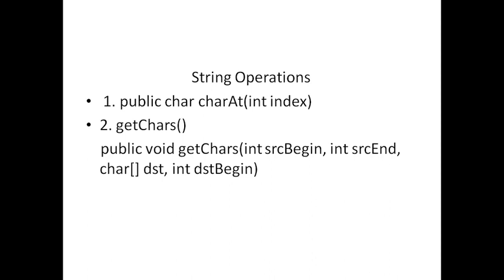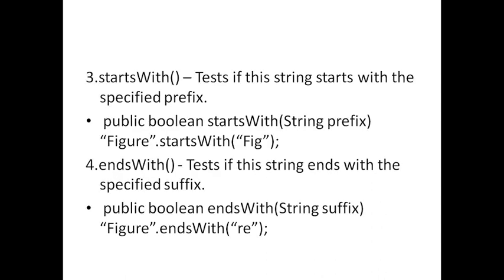So for example, we have a, b, c, and we want to retrieve b and c. At that time we have to mention the source, the first position is the begin, and then 1, 2 we have to mention. So it will return the characters b and c.